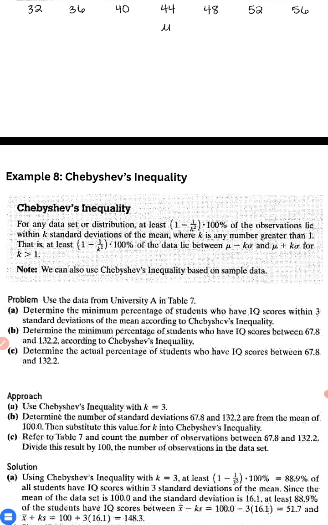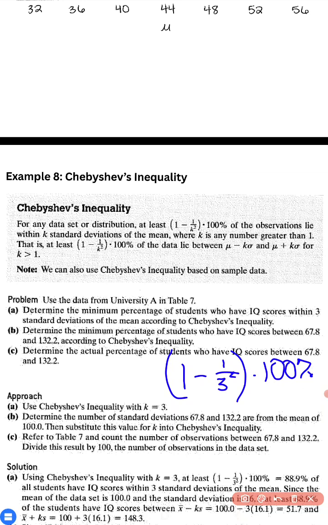So on letter A, it says determine the minimum percentage of students who have IQ scores within 3 standard deviations of the mean according to Chebyshev's inequality. So if I want to be within 3 standard deviations of the mean, that means that k is going to equal 3. So instead of 1 minus 1 over k squared, I'm going to write 1 minus 1 over 3 squared times 100%.